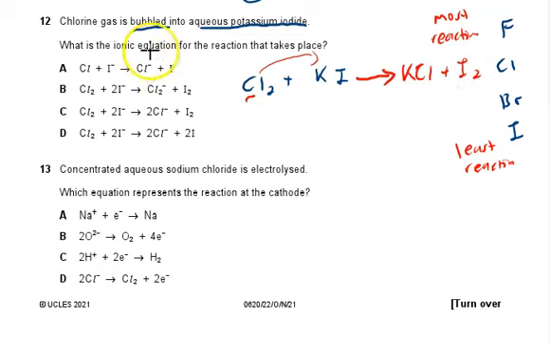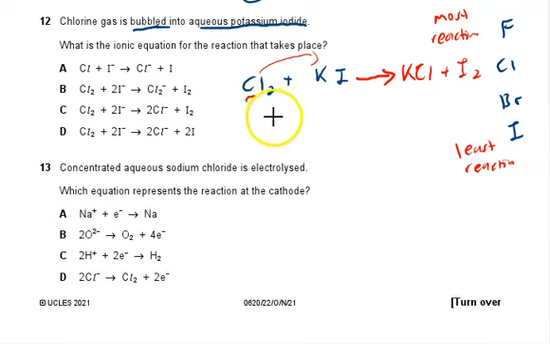So your ionic equation here will be, you have this chlorine, and it becomes a negative ion, so it will accept 2 electrons to form 2 chloride ions. And we look at the next one for iodine.